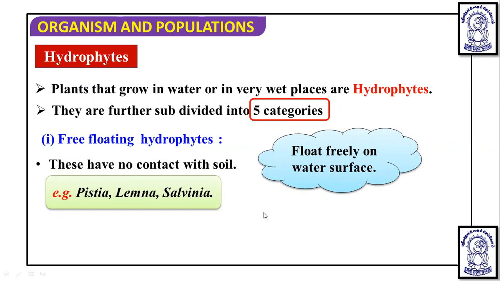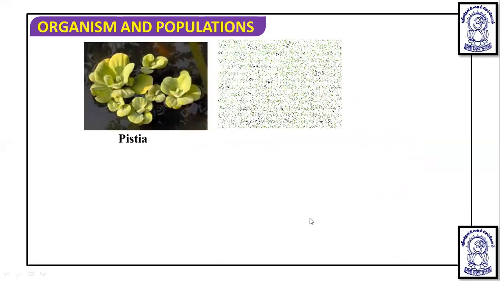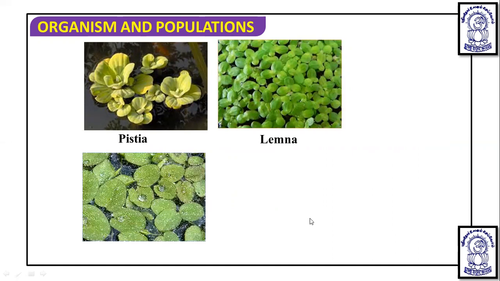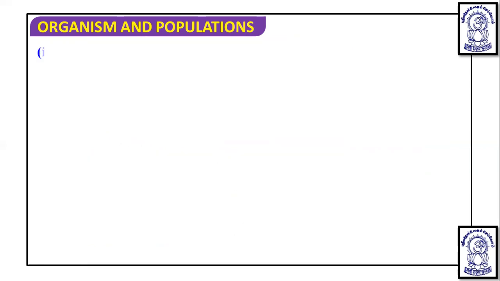If this is the water body, you will see that these are floating on the water. You can see this is Pistia, this is Lemna, and this is Salvinia. In such a way they are found.